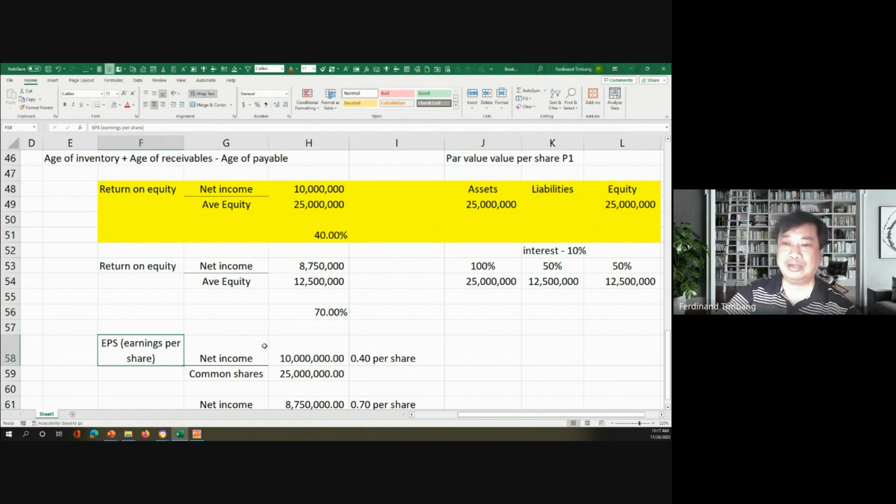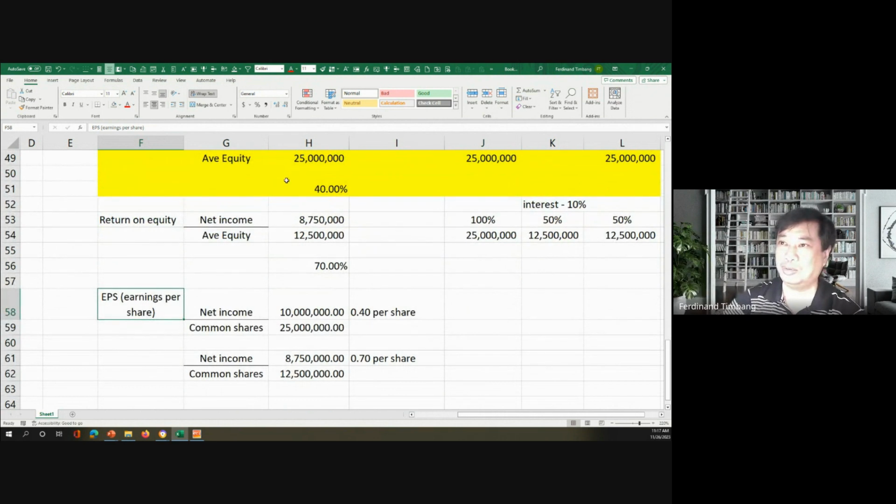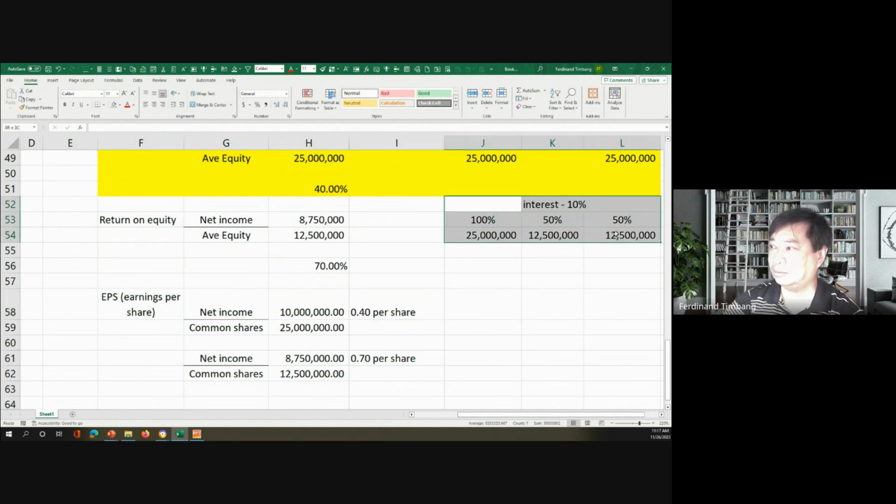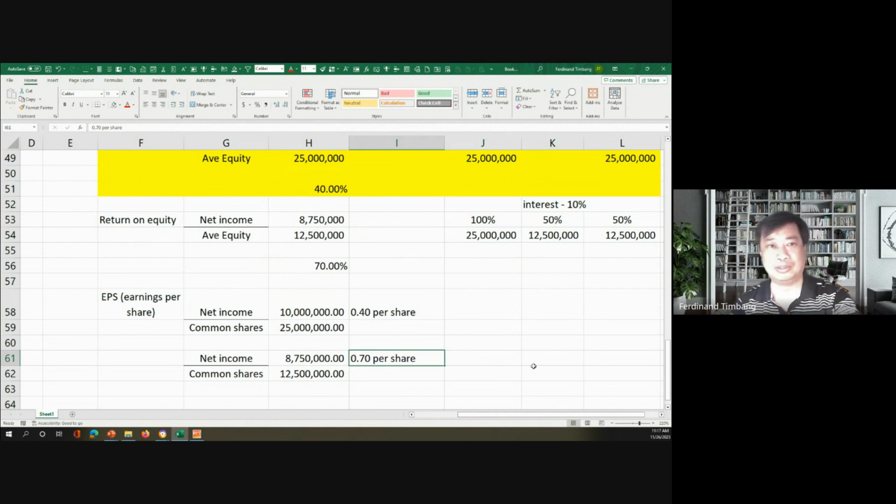But if you look at the earnings per share, ibig sabihin kung magkano ba ang kinita ng bawat share mo doon sa company, dito sa nauna, kinita mo lang 0.40 per share. Pero doon sa pangalawa, ang kinita mo ay 0.70 per share. So which is bigger, di ba? At pagka ikaw yung investor, ang titingnan mo pa rin, ito. Hindi niya titingnan ang net income. Titingnan niya, ito.